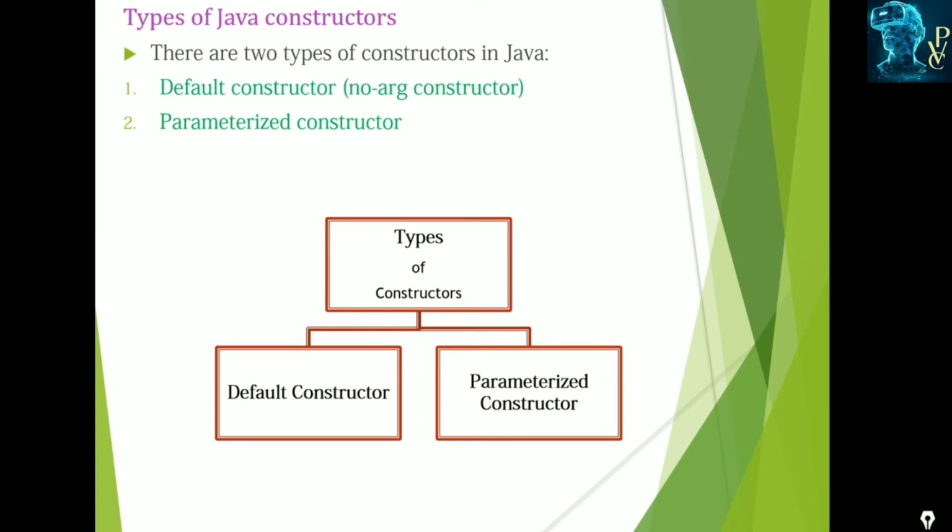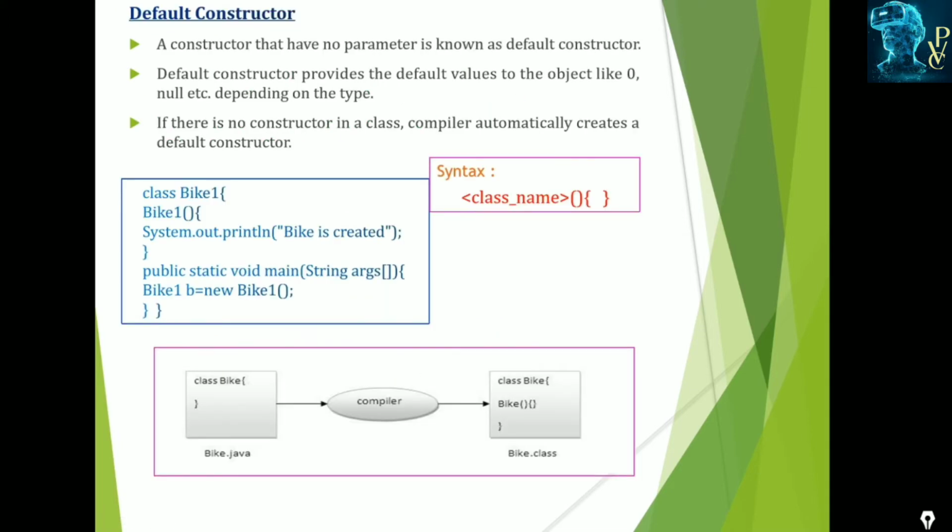In Java, we have two types of constructors. One is the default constructor and another is the parameterized constructor. The default constructor is also known as the no-argument constructor. A constructor which has no parameters or no arguments is called the default constructor.